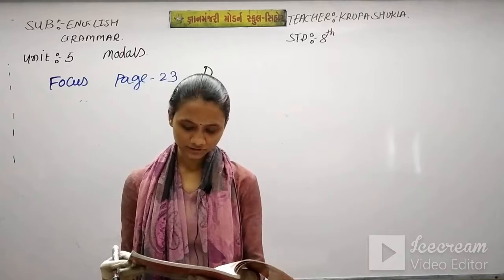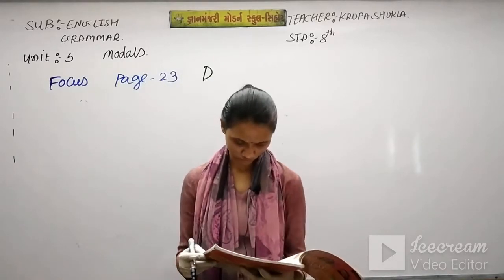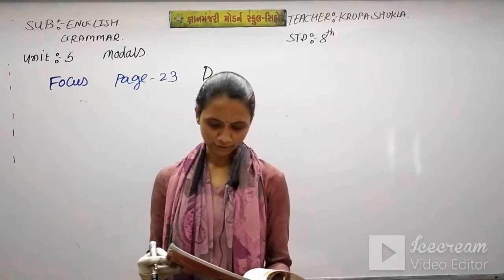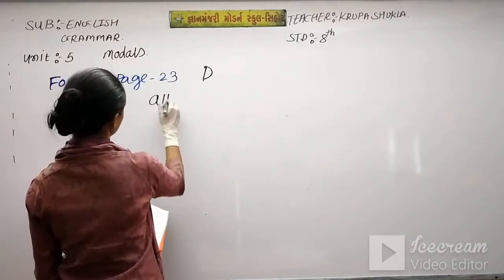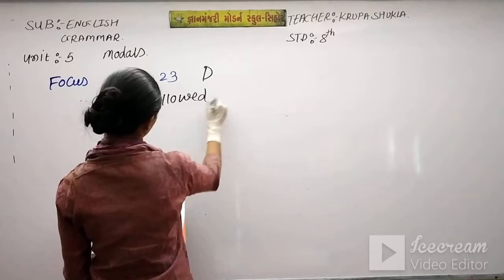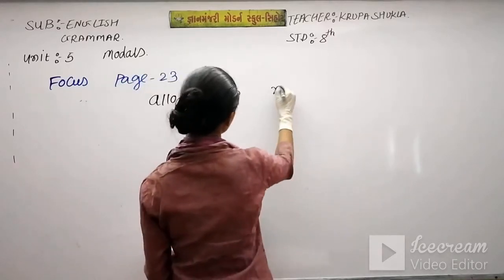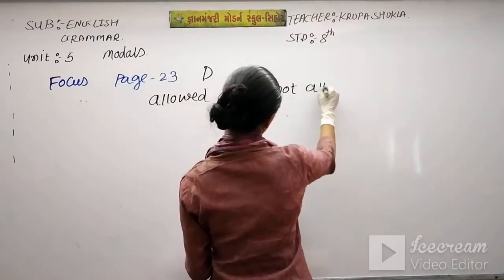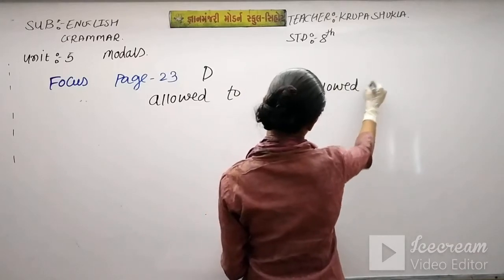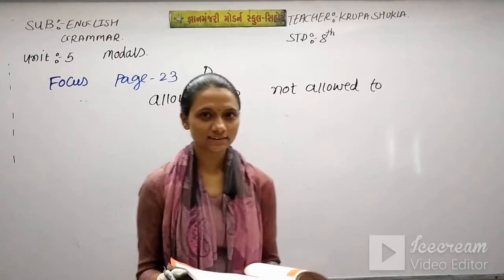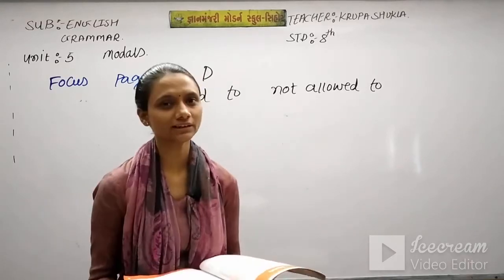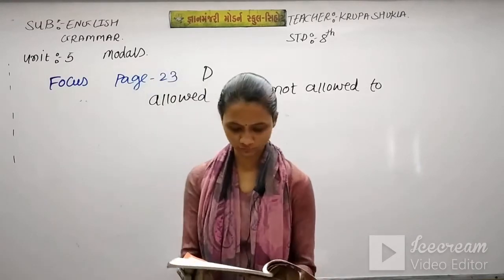Pay attention to the tenses of the sentences. Okay. So you have to use here allowed to and not allowed to. And if it is in past tense, then you have to use was or were, and if it is in present tense, you have to use am.